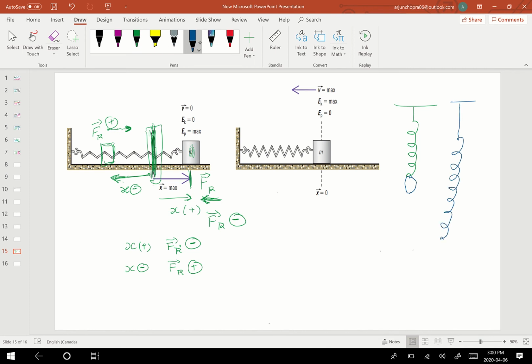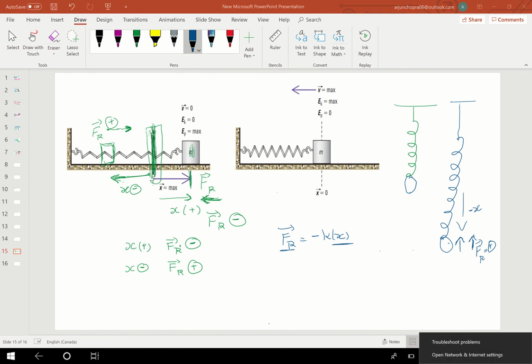Now when it gets pulled downward, the displacement will be negative, and the restoring force generated will be positive, because that will try to pull the spring in the upward direction. So whenever you see the formula Fr equal to negative kx, it means that the restoring force always gets generated in the opposite direction to the displacement.